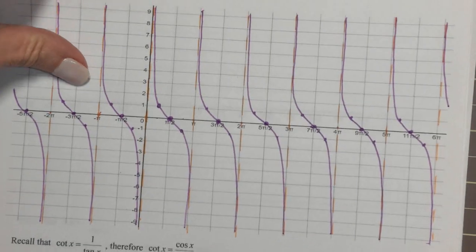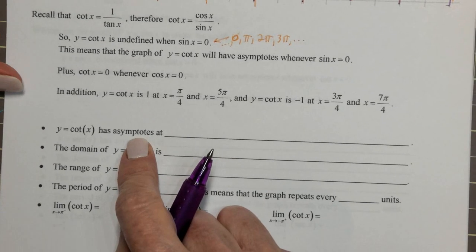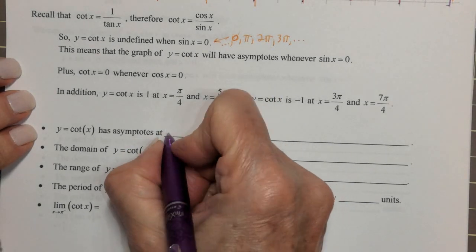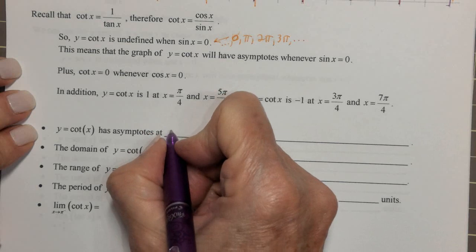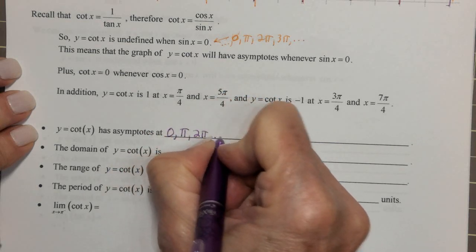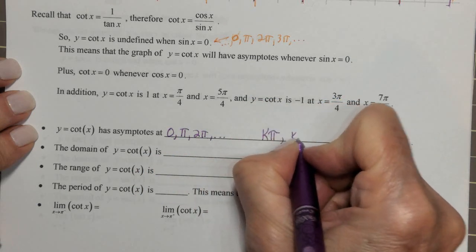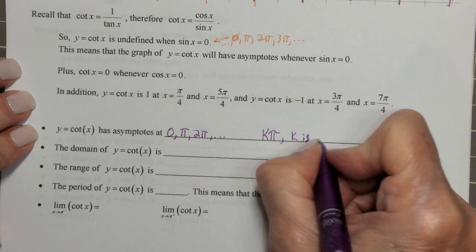Alrighty, let's answer these questions. Asymptotes: cotangent has asymptotes at all the whole pi's, at 0, pi, 2 pi, etc. So at k pi, where k is any integer.